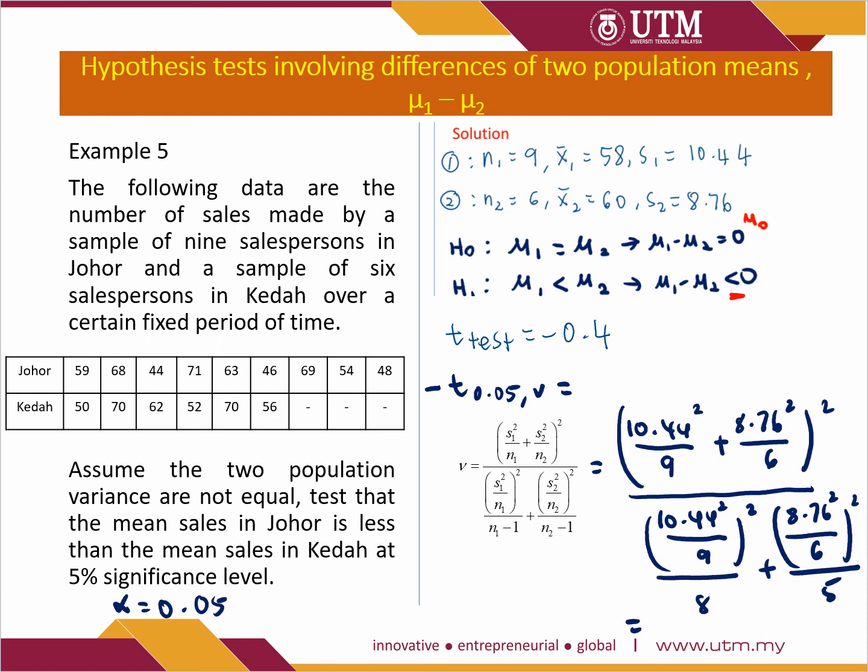And you get 12.15, so we round to 12. So this will be negative t 0.05, 12. Using the table, you should get negative 1.782.